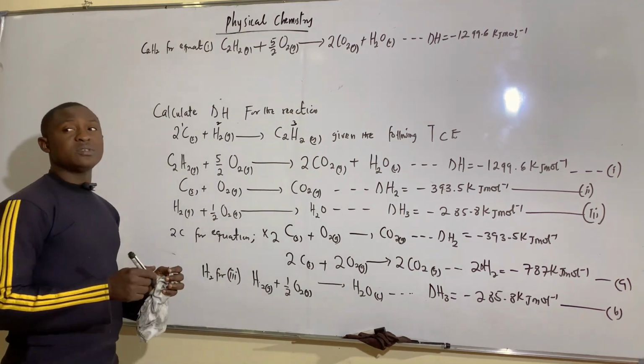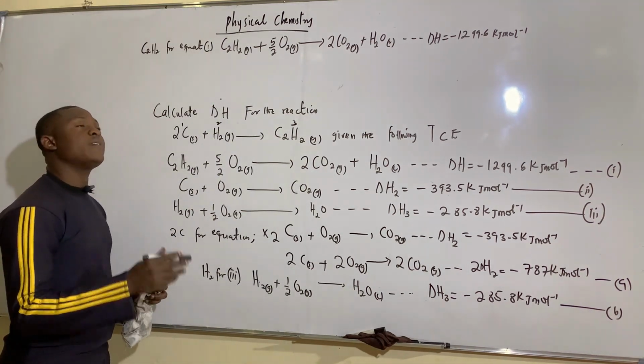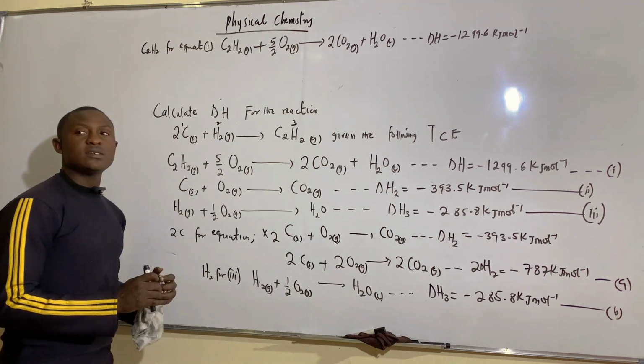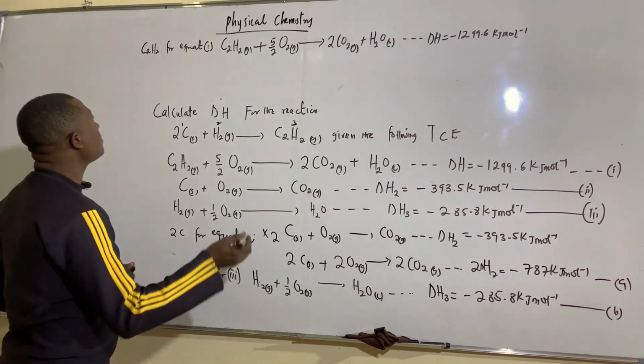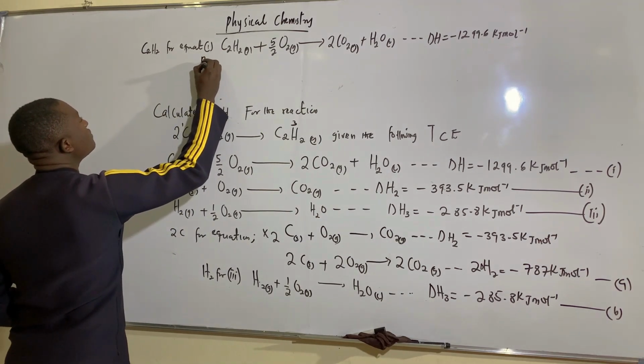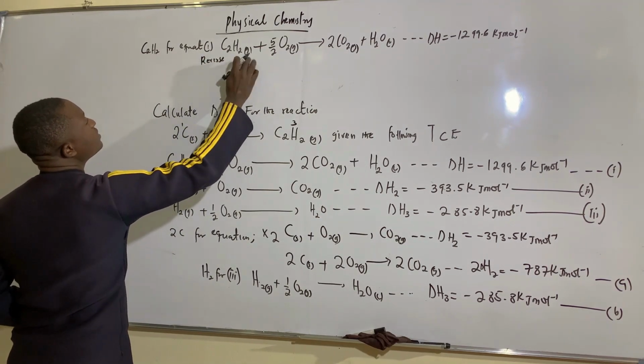And recall the way we reverse. How do you manually reverse? What we have at the product side, we go to the reactant. What we have at the reactants, we go to the product, and the energy level will change. So if I reverse this one, this will go here, this will come here.